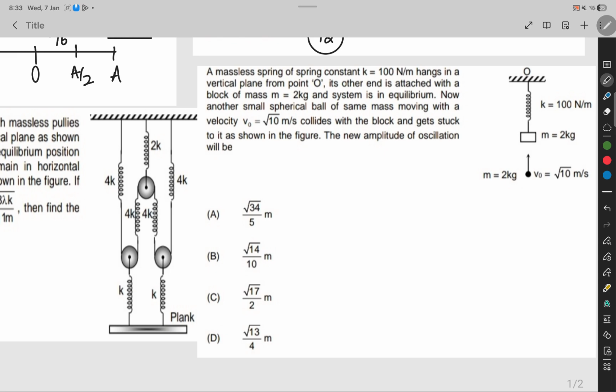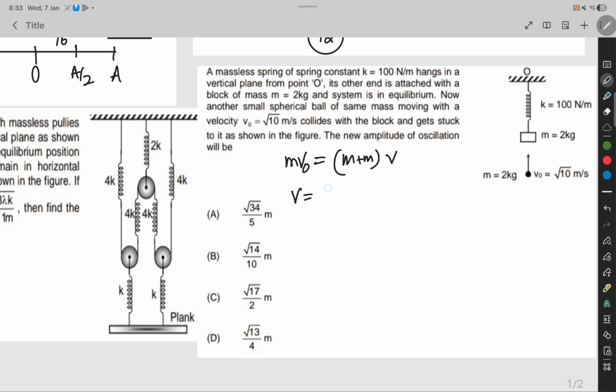As it is in equilibrium, at the equilibrium position this is hitting this one, so you need to do conservation of momentum. m v naught should be equal to m plus m into v, as it is an inelastic collision and gets stuck.